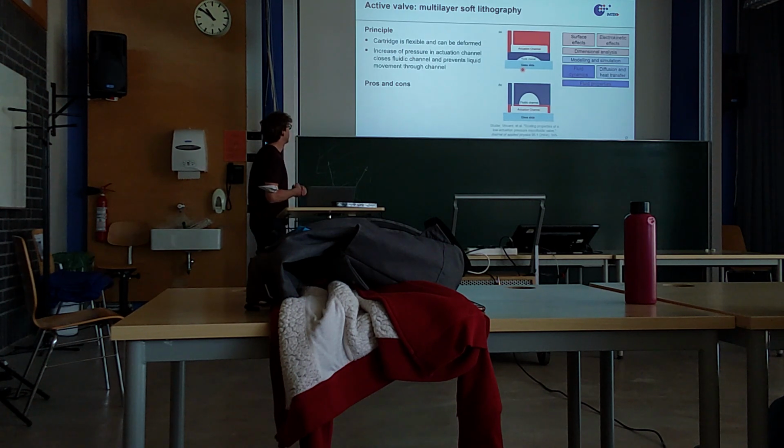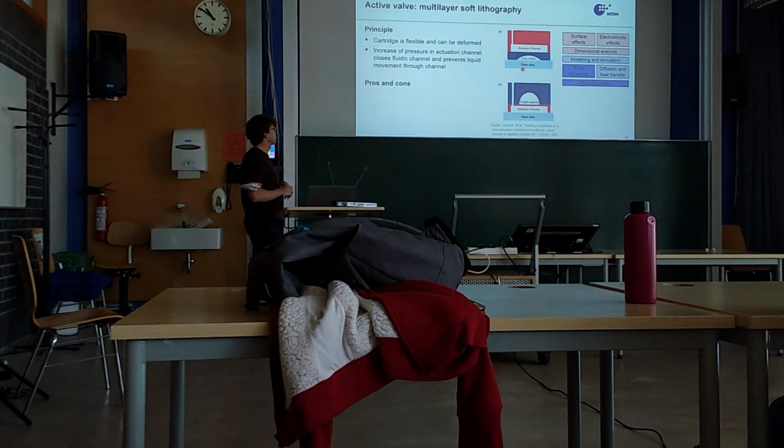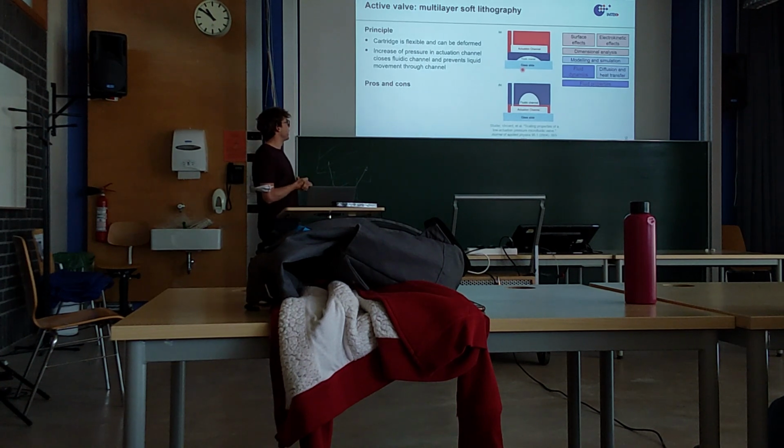Okay, then for the active valves, what you are able to do is way more simple. What we see here in the picture is a deformable microfluidic chip. The blue one, you have a glass slide to cover the chip, and you have some kind of actuation structure on top of your chip.